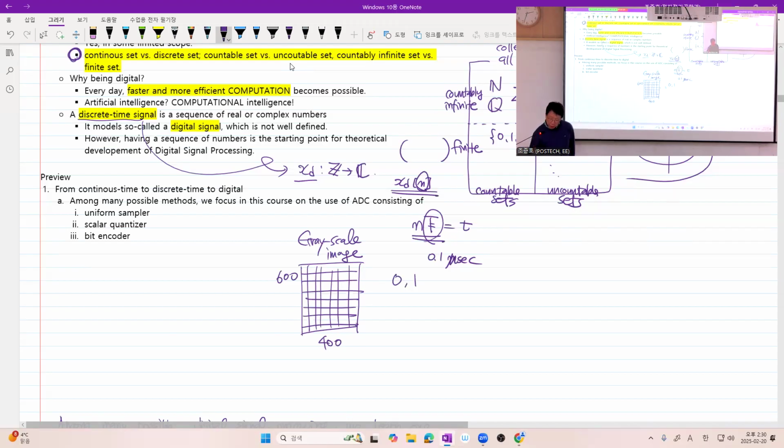Of course, this 0 to 1 could be any real, but in our digital image processing, usually this is also somehow quantized. So if we assign 8 bits, usually this is all 8 zeros, and this is all 8 ones, something like that. And then, in that case, we have 2 indices. One is representing the row, and one is the column. So in this case, this signal, let's say y, may be from what?